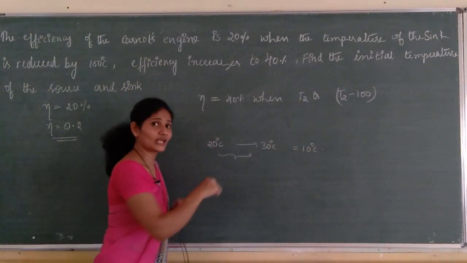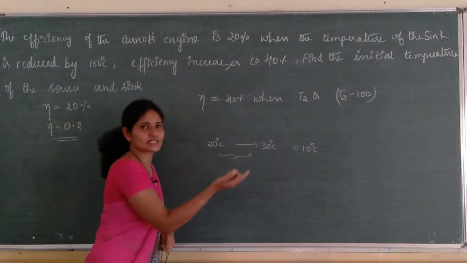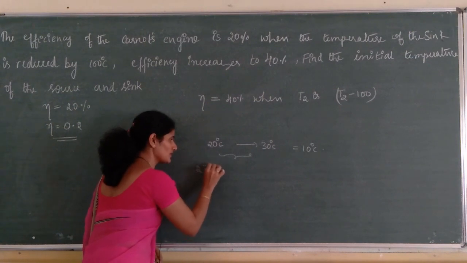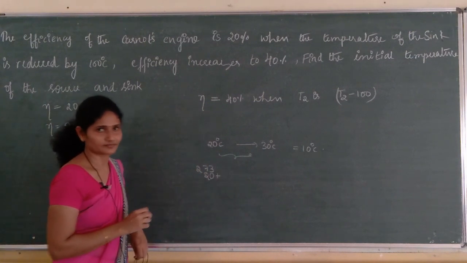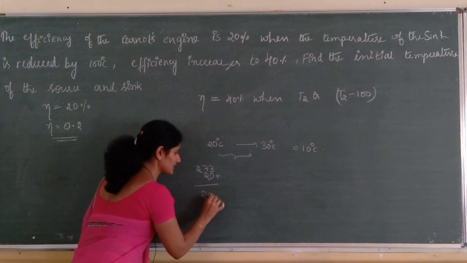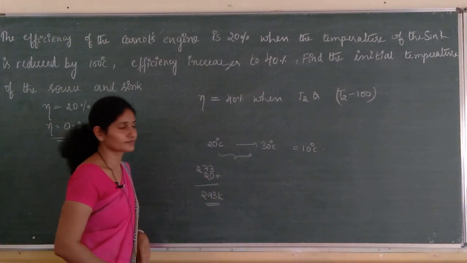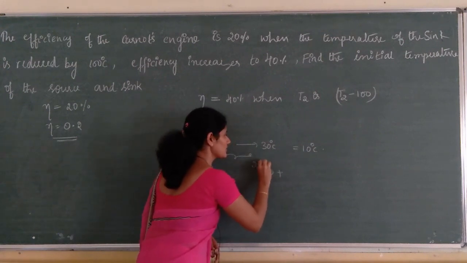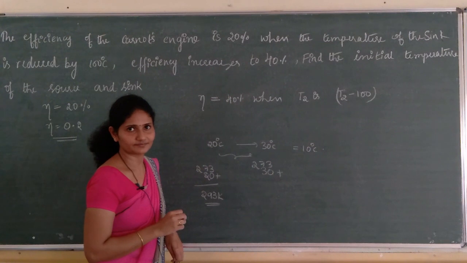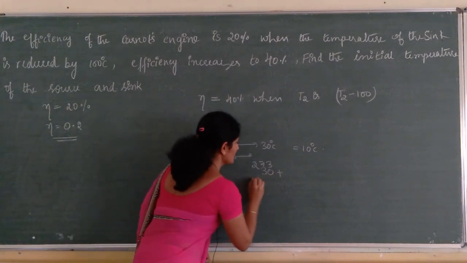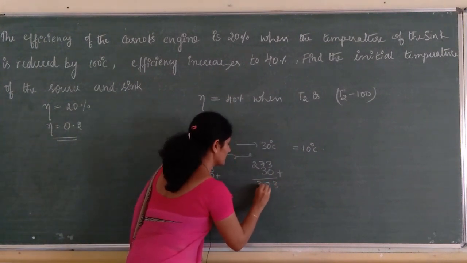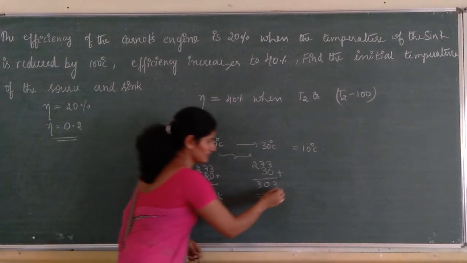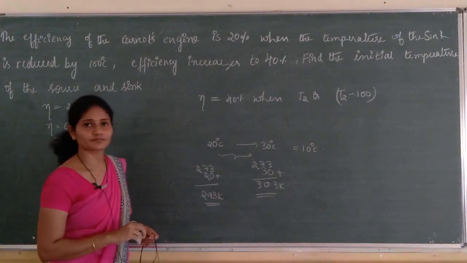Right? Let us write this in Kelvin scale. 20 degree Celsius, what does it become in Kelvin scale? 20 plus 273. This is 293. Convert this to Kelvin. 30 plus 273, right? So 303 Kelvin. What is the difference?